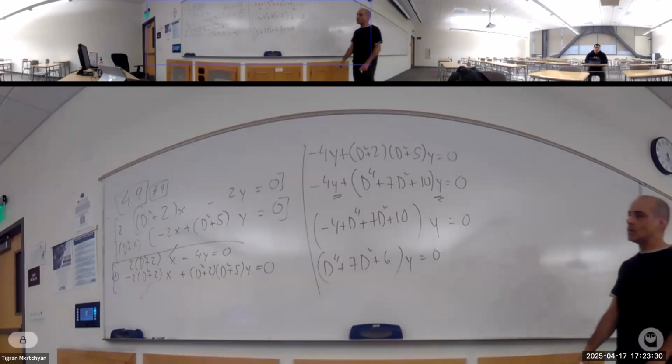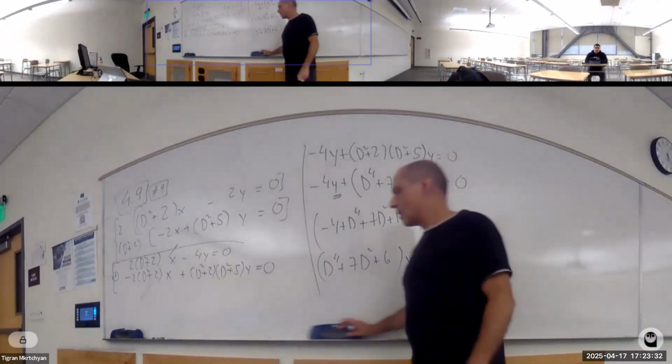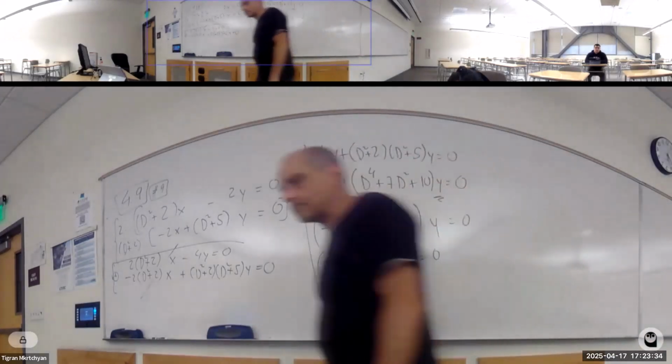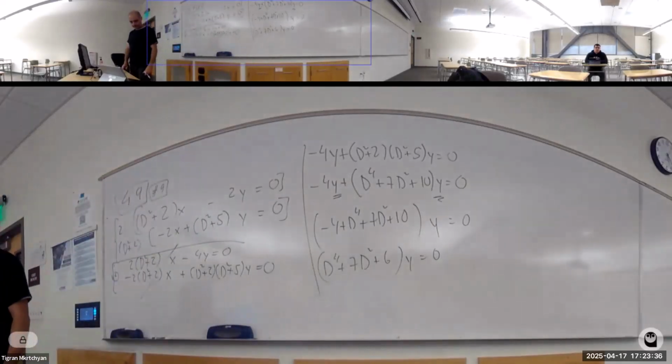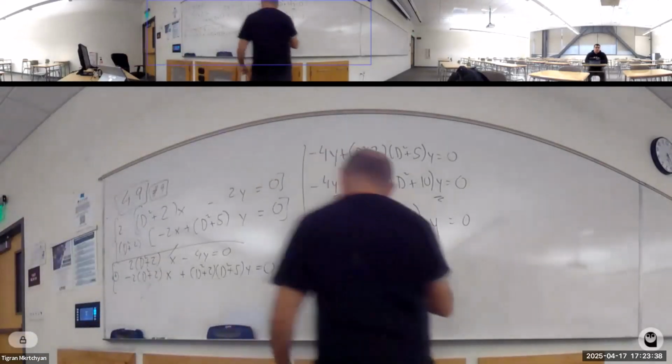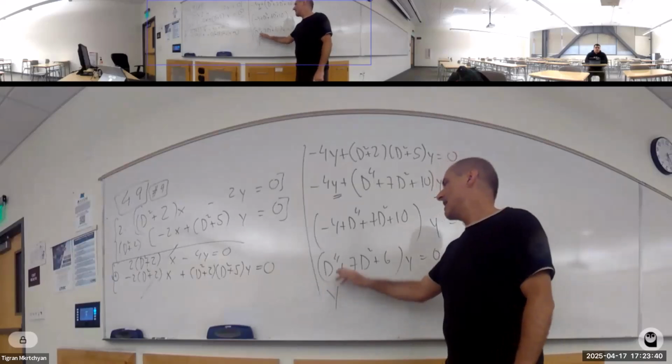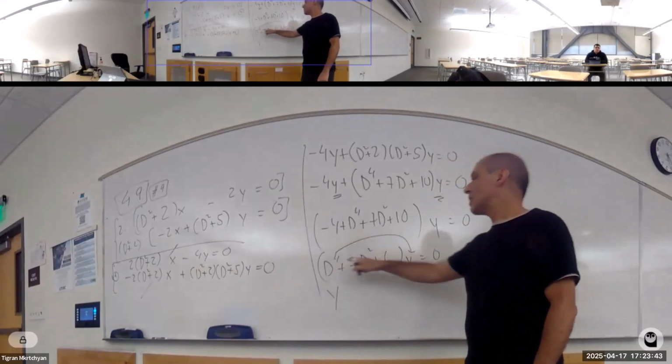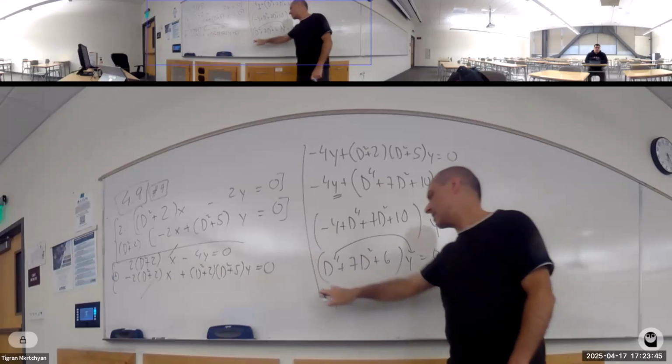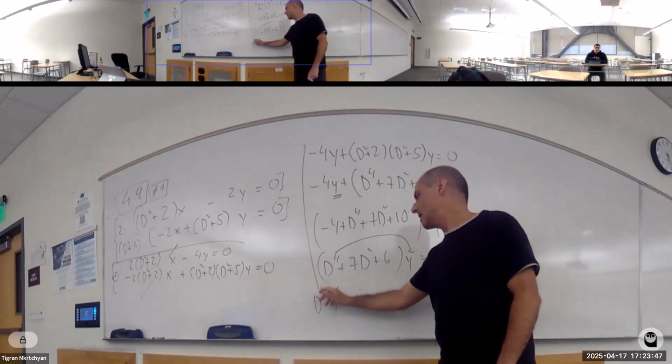Now from here, there are two ways to think of it. One way to think of it, this is the same as the fourth derivative of y. Well, let me just write it down.